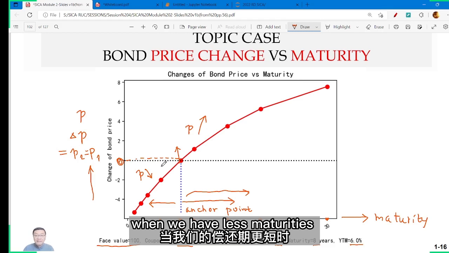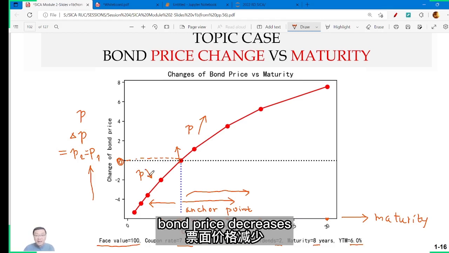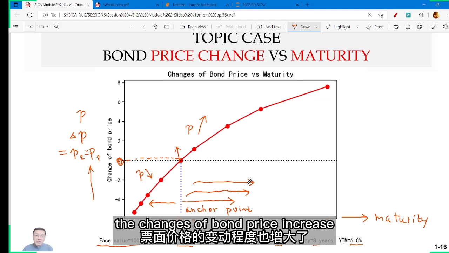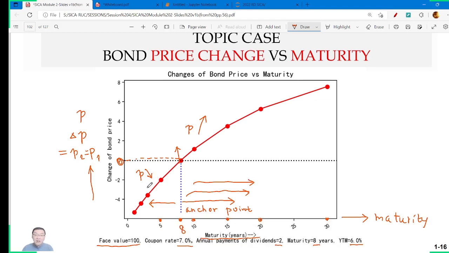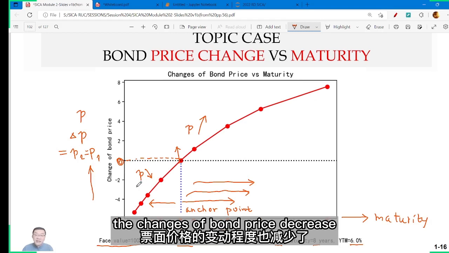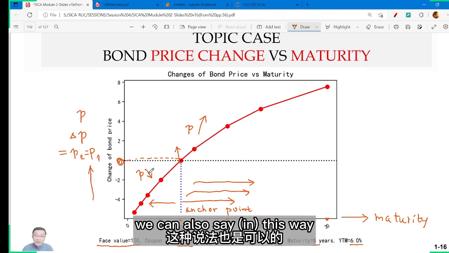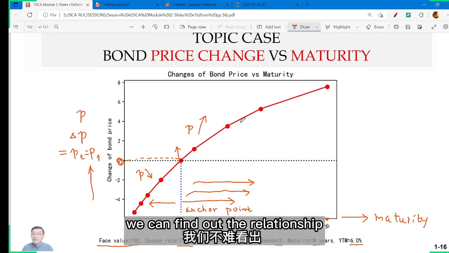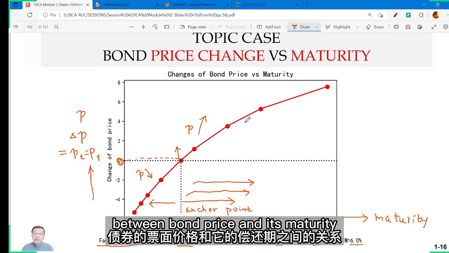When we have less maturity, bond price decreases. Or in other words, when we have a longer time of maturity, the change of bond price increases, and when we have a shorter period of maturity, the change of bond price decreases. We can also say it this way. So from this, we can find out the relationship between bond price and its maturity.